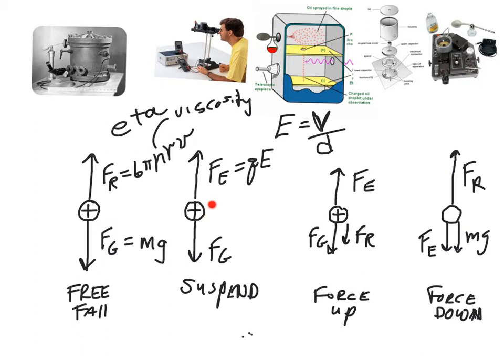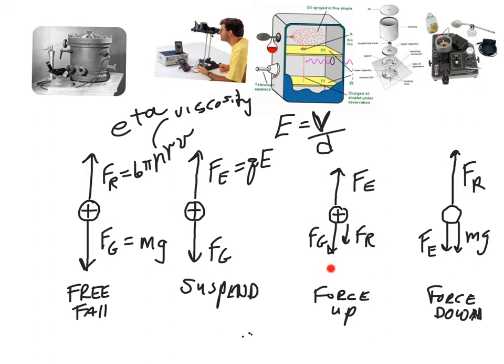The two other situations that we do in the lab, since it's generally impossible to find the right combination to do this, what we do is we find a falling drop, and we turn on the voltage, and as it goes up, we adjust the voltage till we get it to go up at a constant speed, because you won't be able to get it to stop. And so while a droplet is moving up at a constant speed, the sum of the forces once again are zero. But the up force is the electric force.